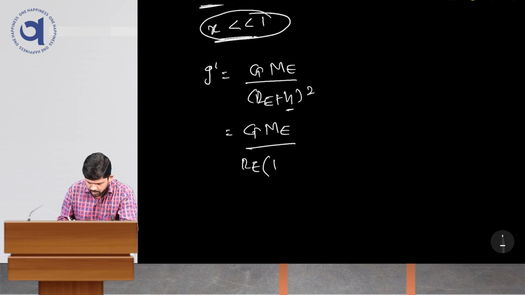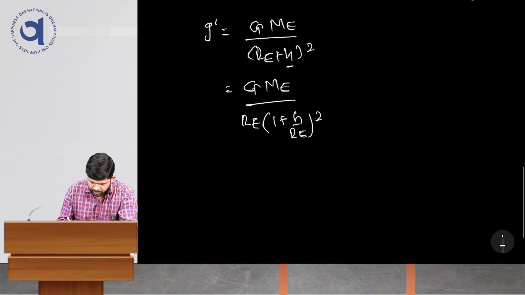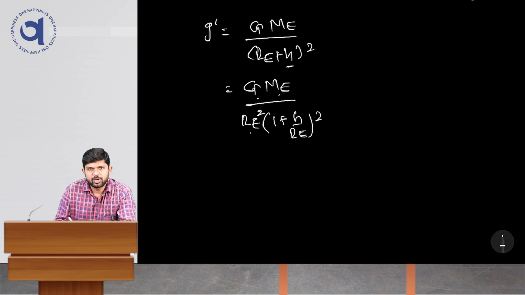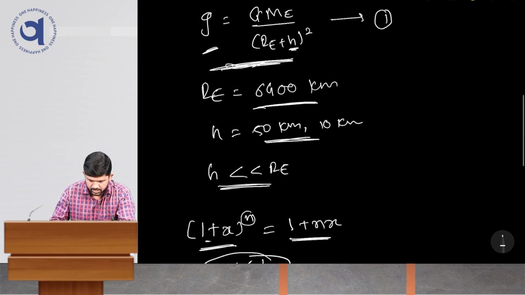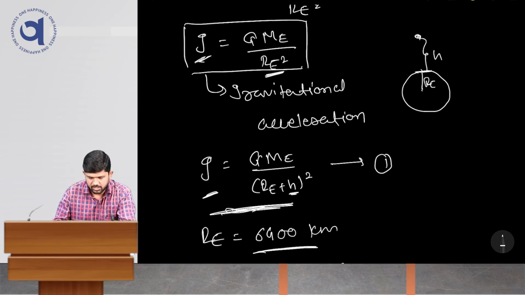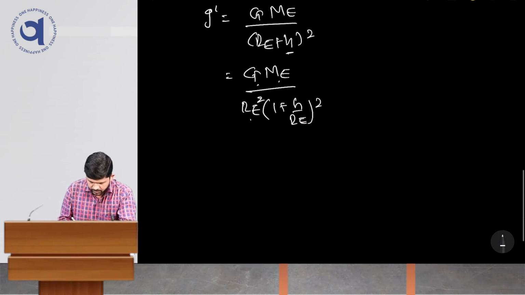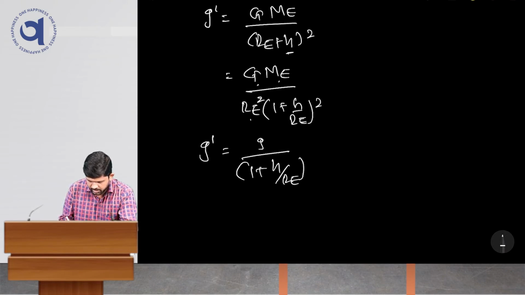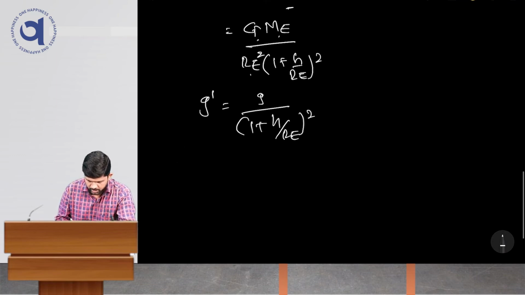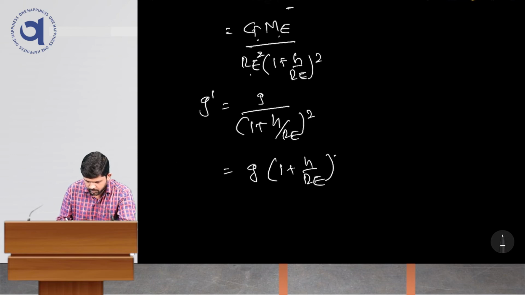I have taken re outside of the bracket, so the equation becomes G me divided by re square times 1 plus h by re, whole square, in the denominator. Now G me by re square is the original gravitational acceleration, the gravitational acceleration at the surface of earth. So we can write g dash is equal to g by (1 plus h by re) square. If we take this denominator into the numerator, then the power becomes negative, so we write minus 2.